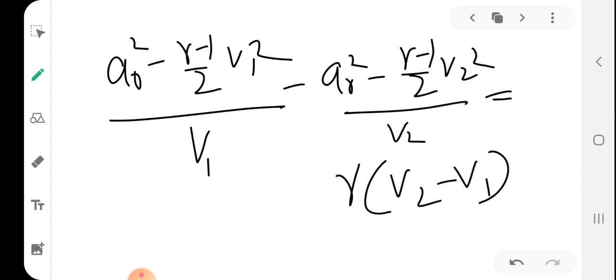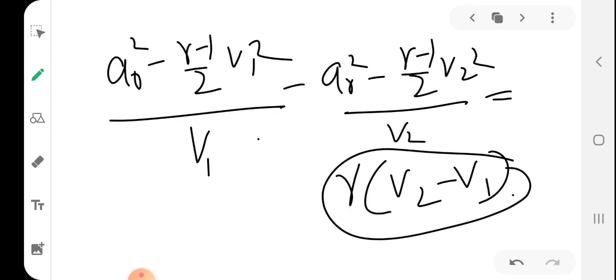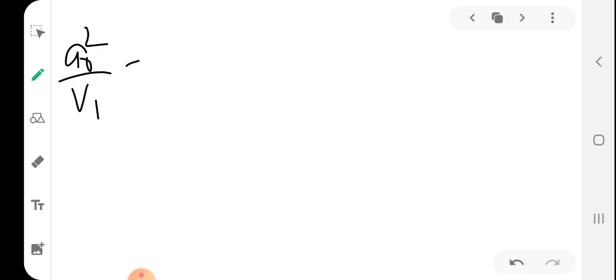So just do one thing: you bring all the terms, so you bring this term to the LHS. So A0 square, and I am dividing individually with V1. I am dividing A0 square by V1, and (gamma minus 1) by 2 V1 square by V1 will yield (gamma minus 1) by 2 V1, since the V1 cancels.